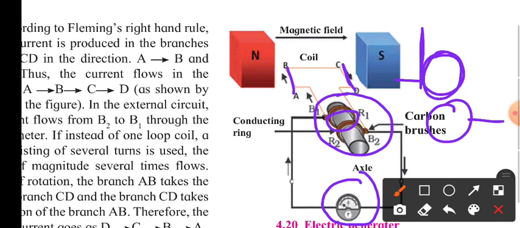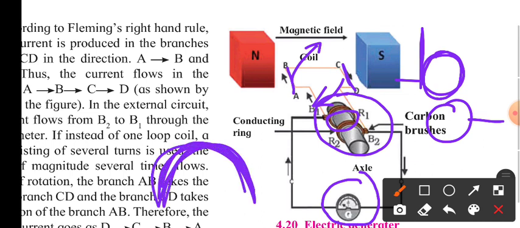Due to that, the direction of torque produced in the coil is changing continuously after each half cycle. So it rotates on both sides. This is nothing but the alternating current, where the direction changes continuously.